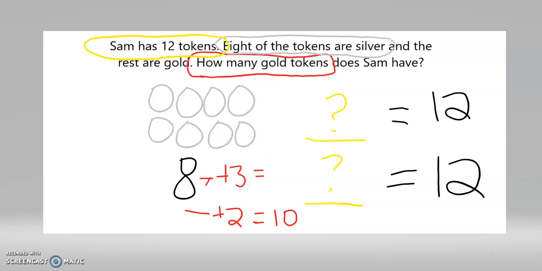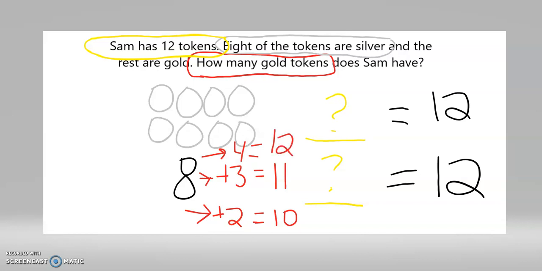Sorry, these are meant to be little arrows. What about 8 plus 3? Well, that gets us to 11. Okay, not quite there, but we're almost there. Well, what about 4? I'm going to redo that 4 here. Well, 8 plus 4 gives me 12.